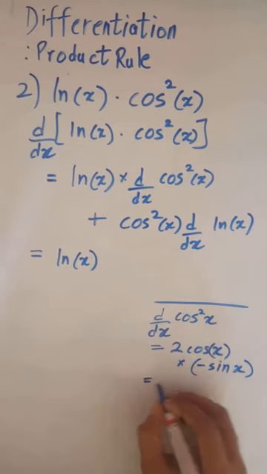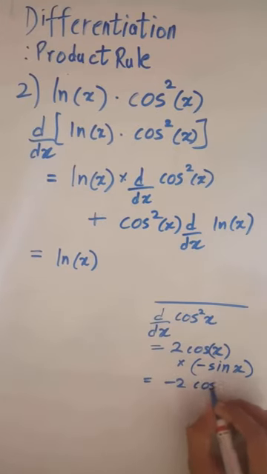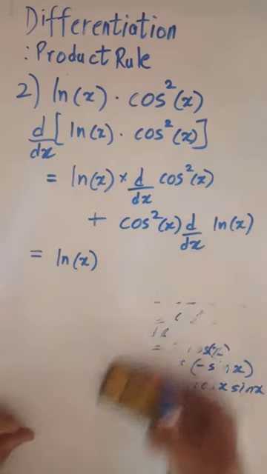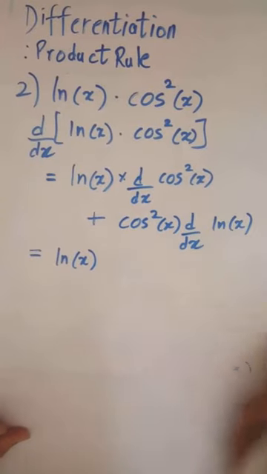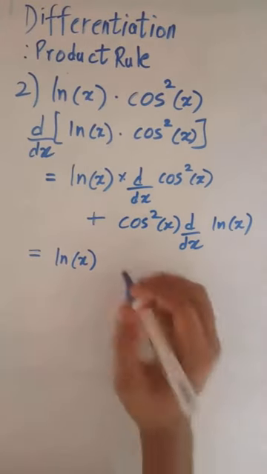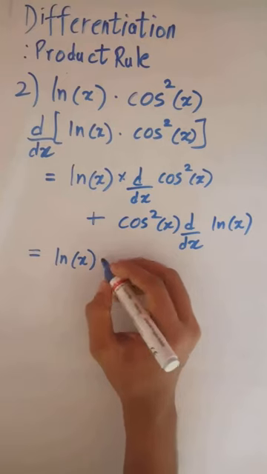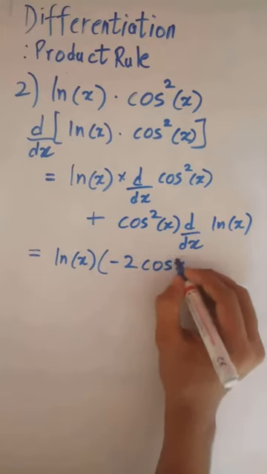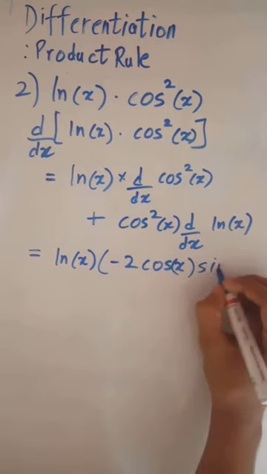So that would be equal to minus 2 cos x sin x. Okay, so I can write down this expression here, minus 2 cos x times sin x.